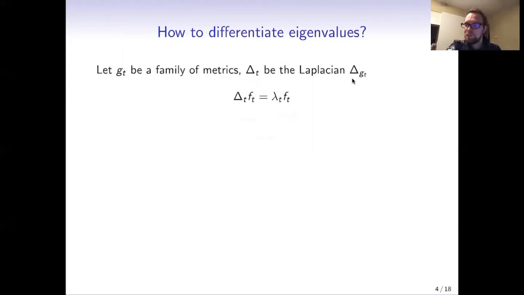It can be done in some sense. It can be shown that there exists a family. If you perturb your metric a little bit, there is a perturbation of the eigenfunctions such that it's C1, or rather it's not C1, but it's at least Lipschitz. So you can still find the derivative at almost every t, which is good enough for our purposes.